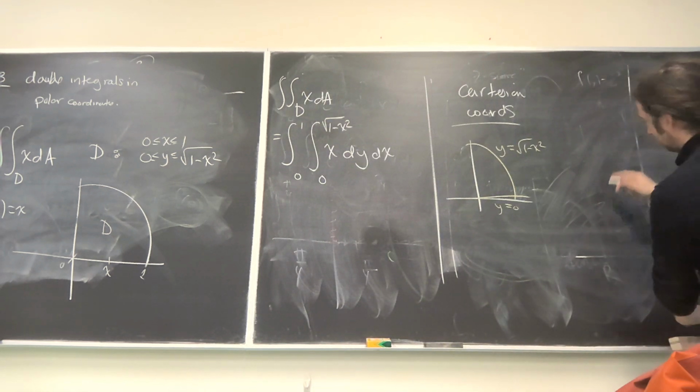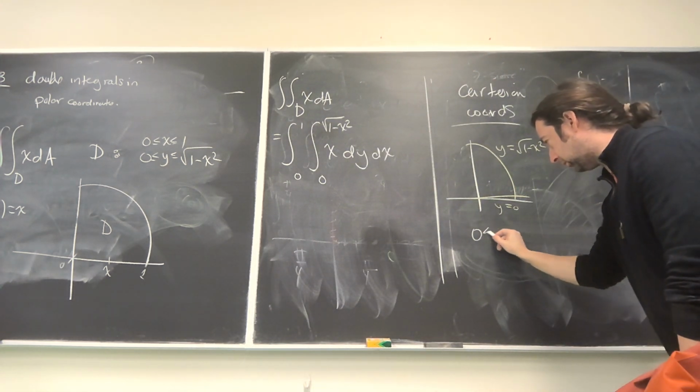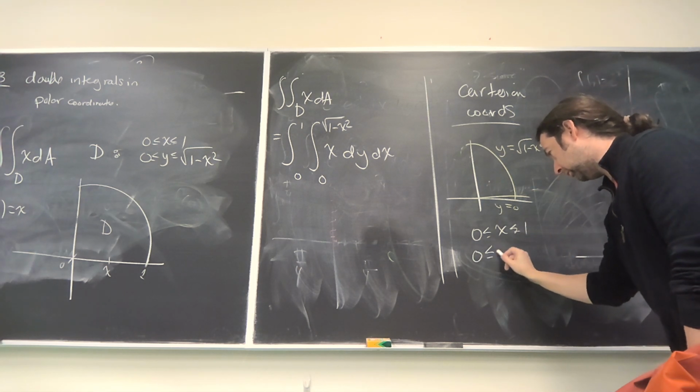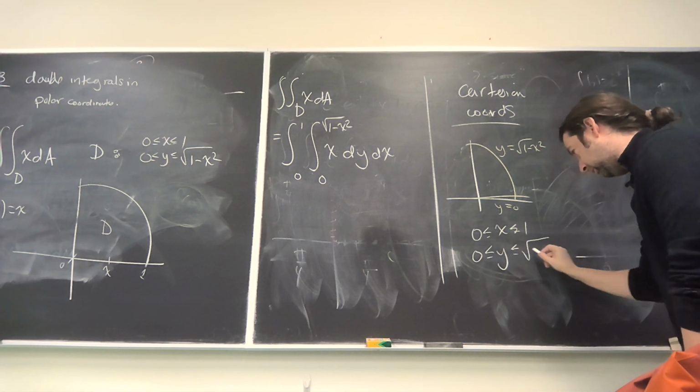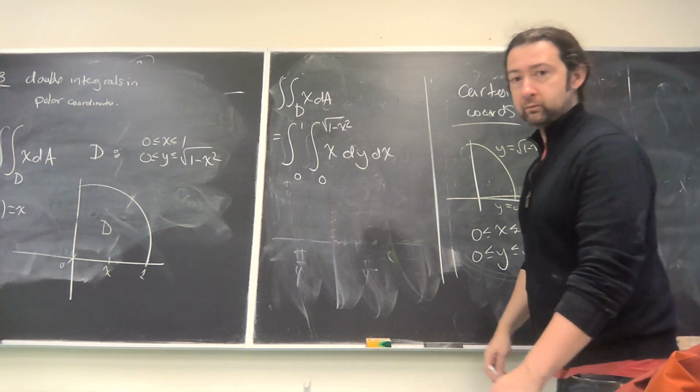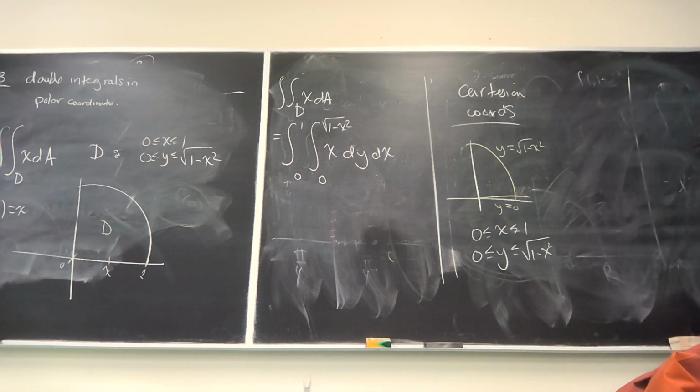I'm just going to rewrite this again: 0 less than or equal to x less than or equal to 1, 0 less than or equal to y less than or equal to the square root of 1 minus x squared, whereas in polar coordinates, and that's mostly on the board. Make sure I cut myself off so this all stays on video here.